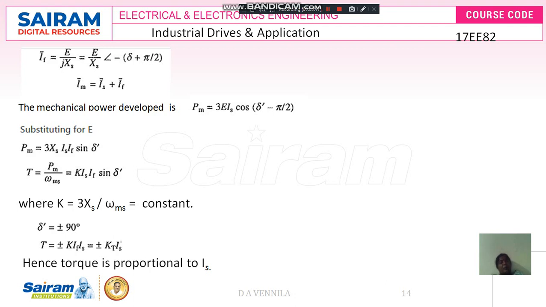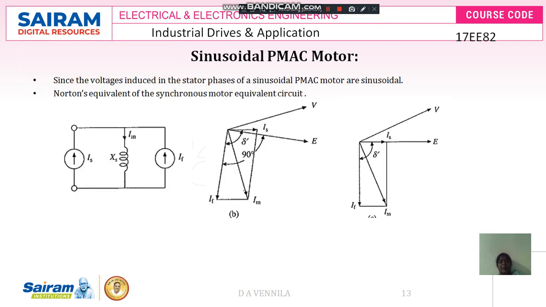One more thing: for a given value of Is, maximum torque is obtained when delta dash is equal to pi by 2. Now Is and induced EMF are in phase, and this is the phasor diagram.